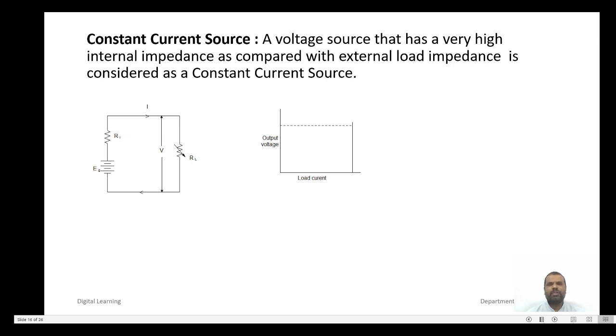That type of source is called a constant current source. The simple circuit is as shown in the figure. If we plot the graph of output voltage against the load current, the current remains constant for various values of the output voltage.